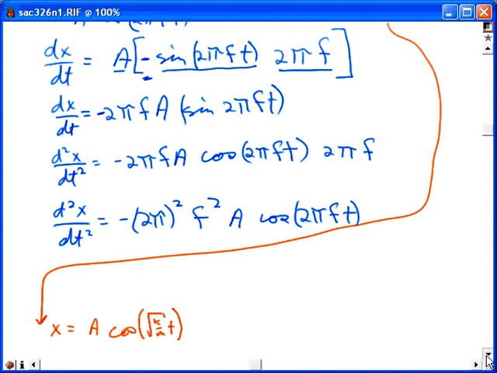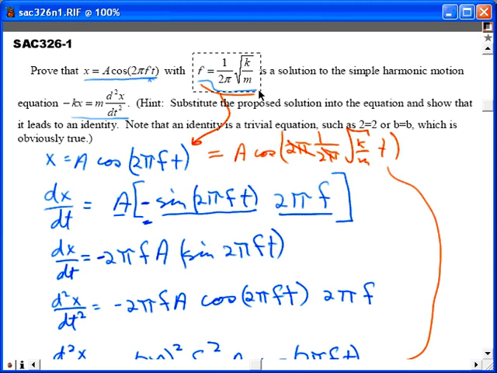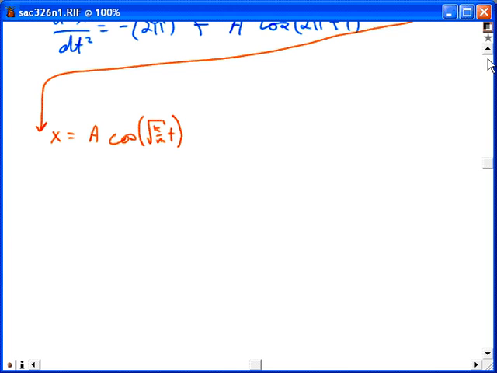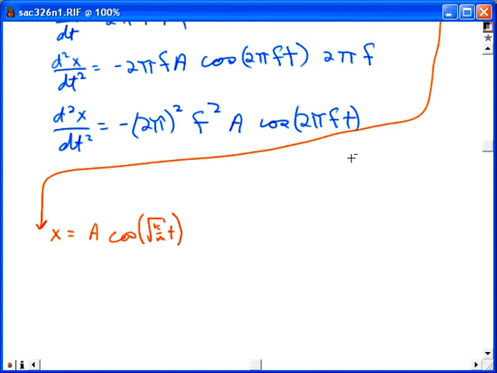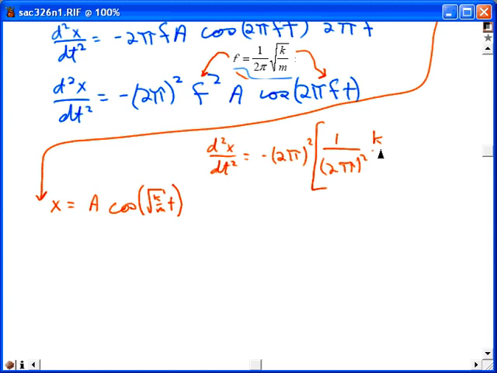Alright. And then if I substitute that same expression for f into my expression for d squared x by dt squared, that second derivative of x with respect to t, I get for that one, d squared x by dt squared is minus, I get two places to substitute it in that expression, minus 2 pi squared times, now f squared is going to be 1 over 2 pi squared times k over m.